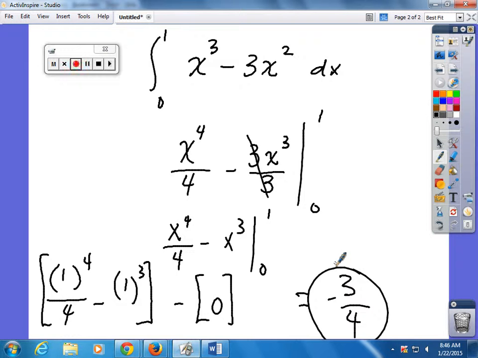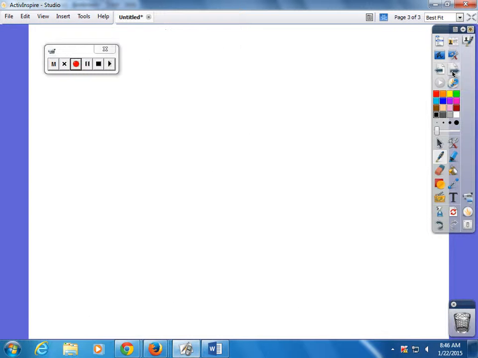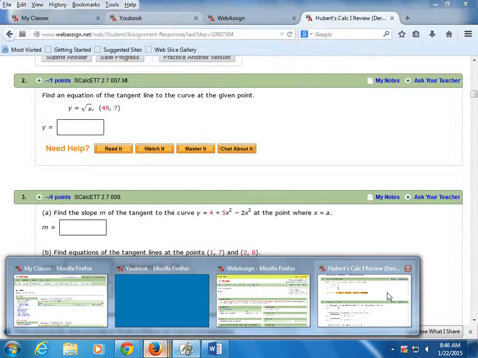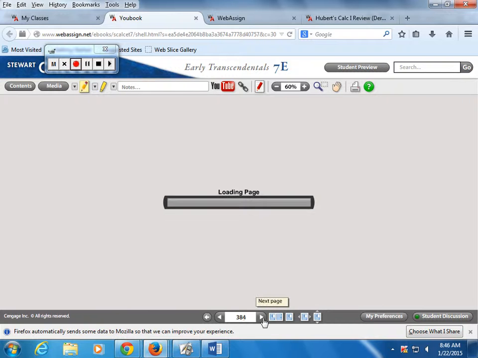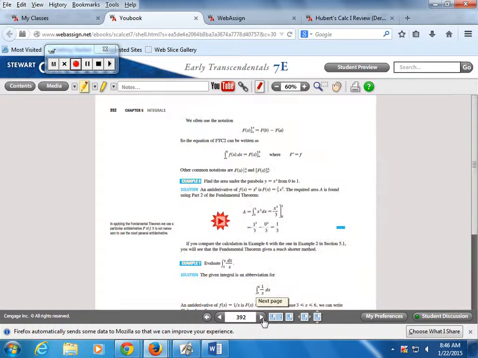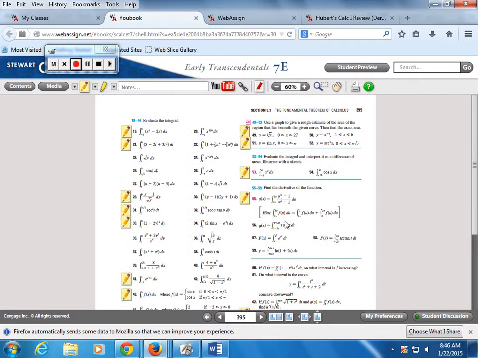Let's do some more. I think there's some more on page 395, and then we'll look at a couple online. So, where's 395? Let me get my ebook back up. There it is. I think it's 395. There's some.